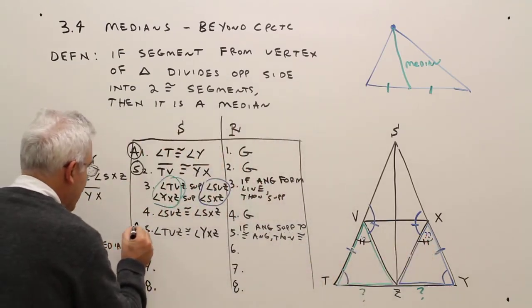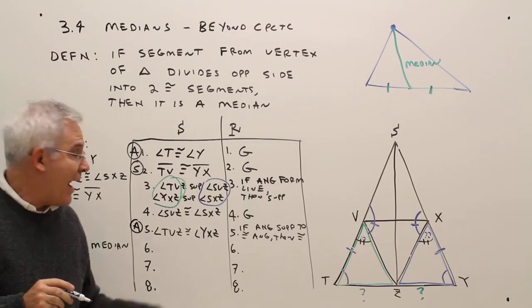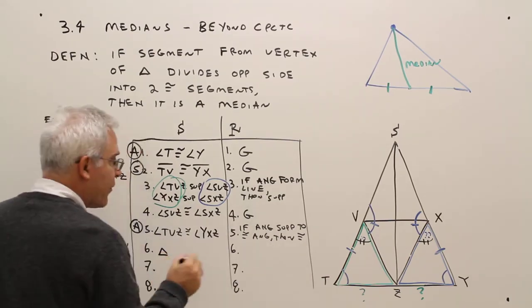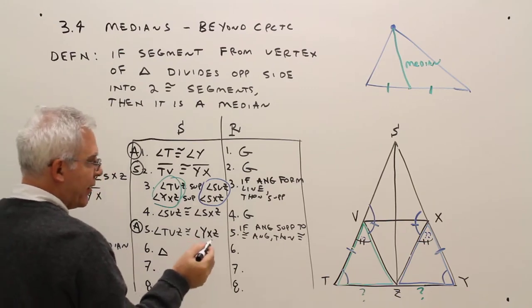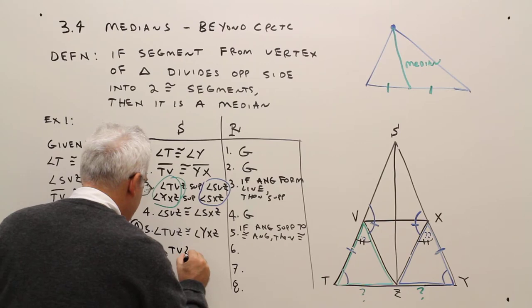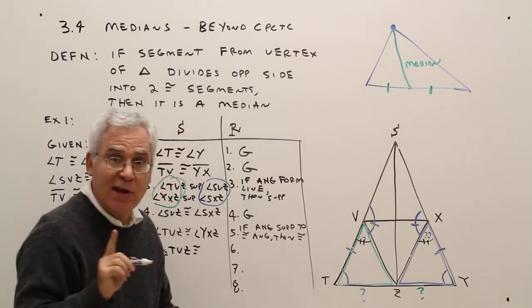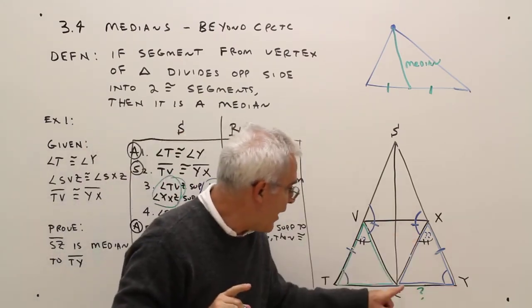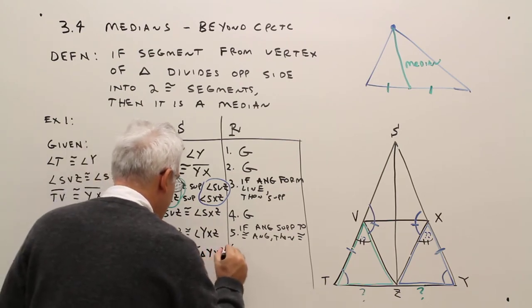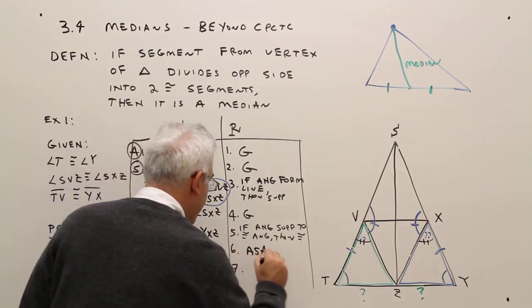So that would be the A. I now have the triangles congruent by ASA. So I'll go triangle, what shall we call it? I guess we'll call it TVZ. Triangle TVZ. Once I do TVZ, I'm stuck with YXZ in that order. Triangle YXZ by ASA.